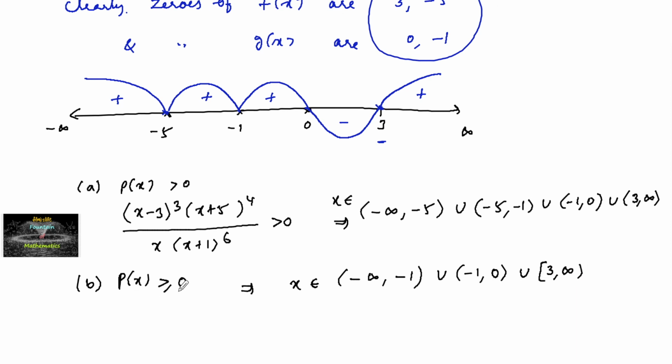So for p of x greater than or equal to 0, we can give the answer from minus infinity to minus 1 directly because minus 5 is included, then minus 1 to 0, then 3 to infinity, closed at 3.